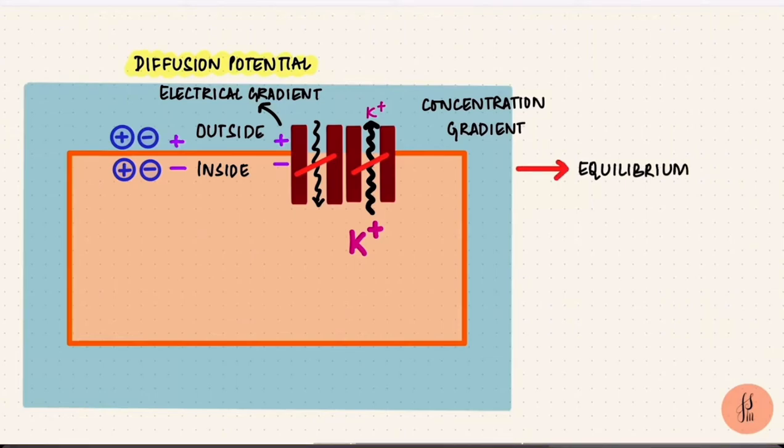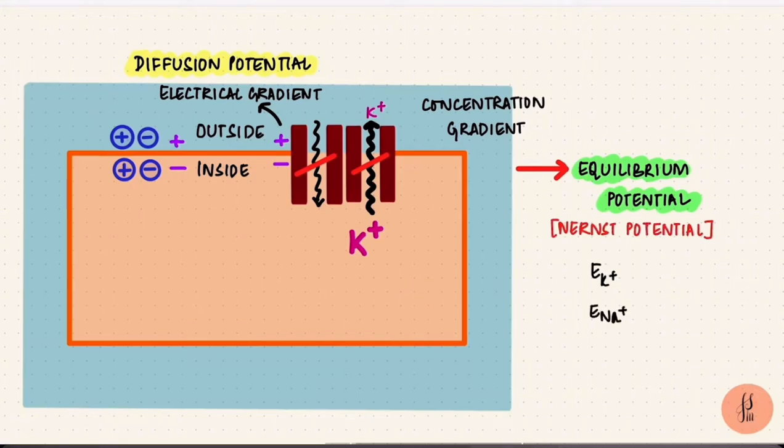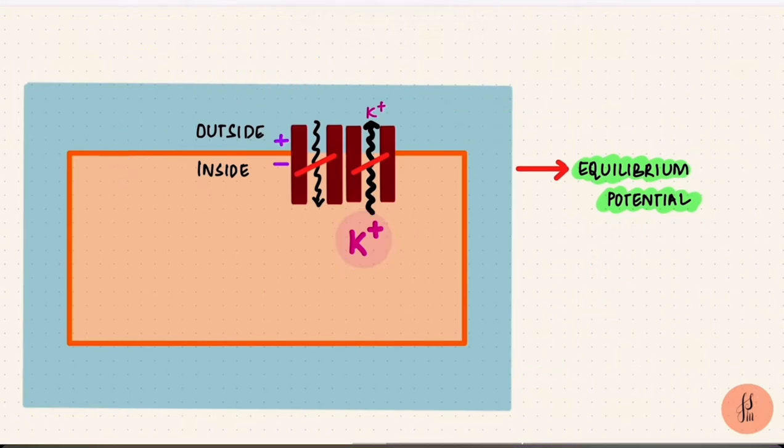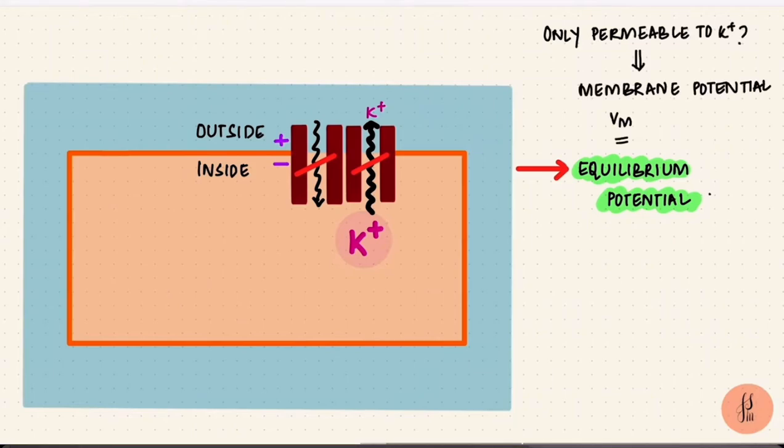The potential at which this happens is the equilibrium potential, also called the Nernst potential. This value is different for different ions, but since we're talking about potassium here, this is the equilibrium potential of potassium. These equilibrium potentials are in millivolts and would depend upon the concentration gradients of the ions, outside versus inside the cell. If the membrane was only permeable to potassium like this, then the membrane potential would be equal to the equilibrium potential of potassium. But the membrane is permeable to more than just potassium, and we'll come back to this.